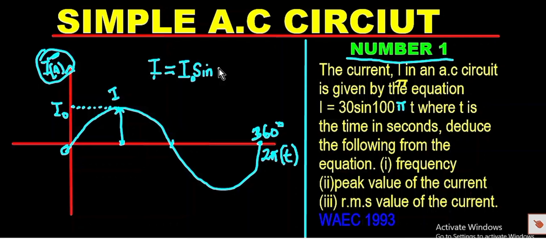And the sine of the angle, remember, angle can be measured with angular frequency or angular velocity, and then the horizontal axis, which is time. Also remember that omega can be given as 2 pi multiplied by the frequency.